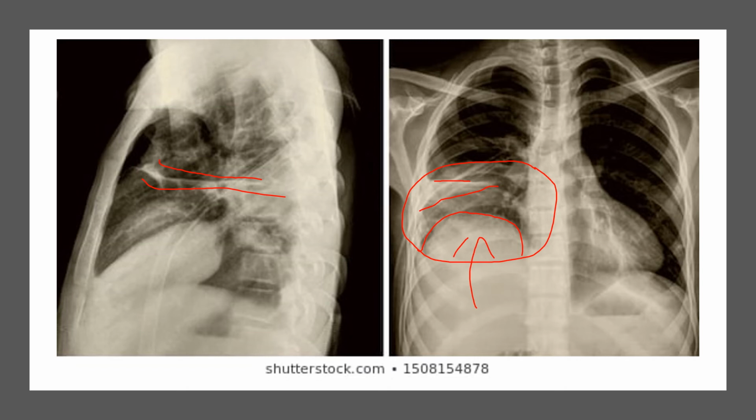And what do you notice about the trachea? Is the trachea being pushed away, or do you think that the trachea is actually being pulled in? You guys see this? Which direction do you think the trachea is going? Up here, their neck's curved, so that's not helping us out any.